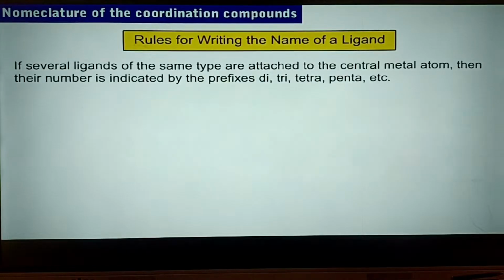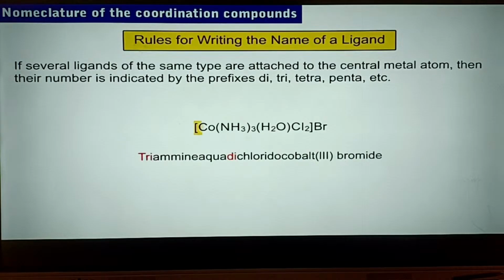Another rule says if several ligands of the same type are attached to the central metal atom, then their number is indicated by the prefixes di, tri, tetra, penta, etc. For example, in the complex [Co(NH3)3(H2O)Cl2], the 3 ammine and 2 chlorido ligands are indicated by the prefixes tri and di, respectively.